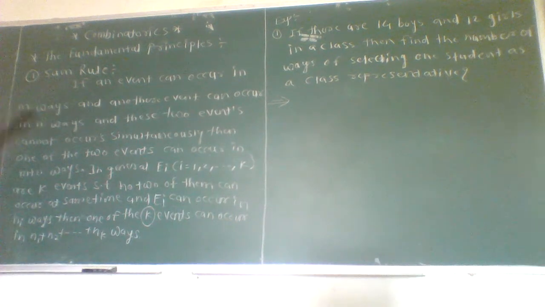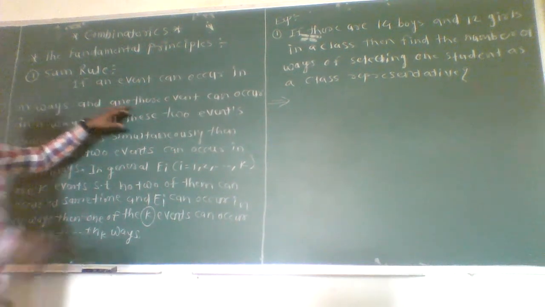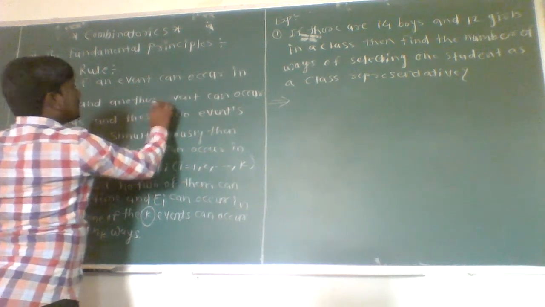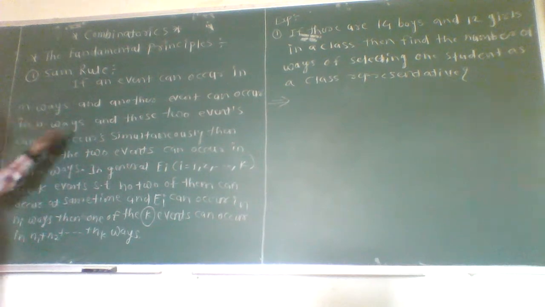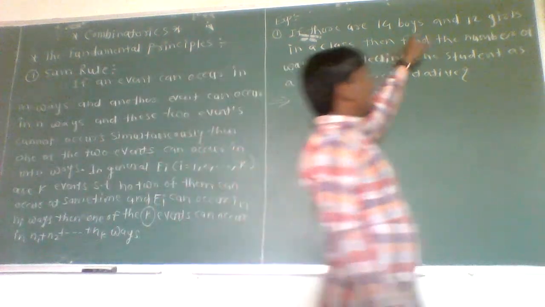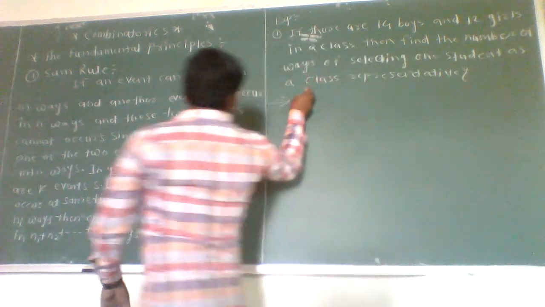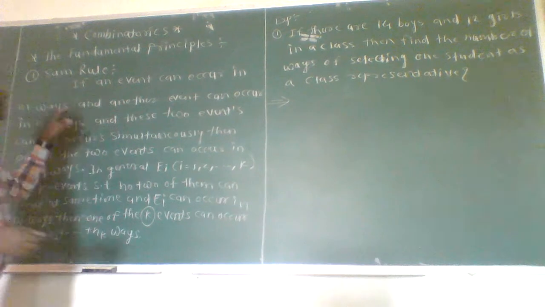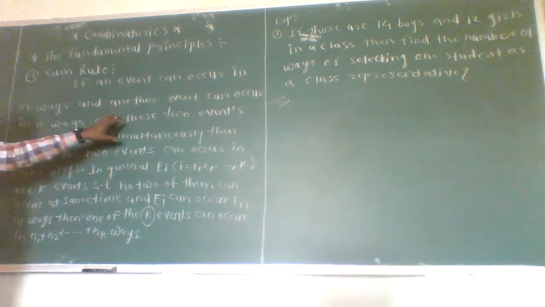According to the sum rule, if one event can occur in m ways and another event can occur in n ways, and these two events cannot occur simultaneously, then one of these two events can occur in m plus n ways.